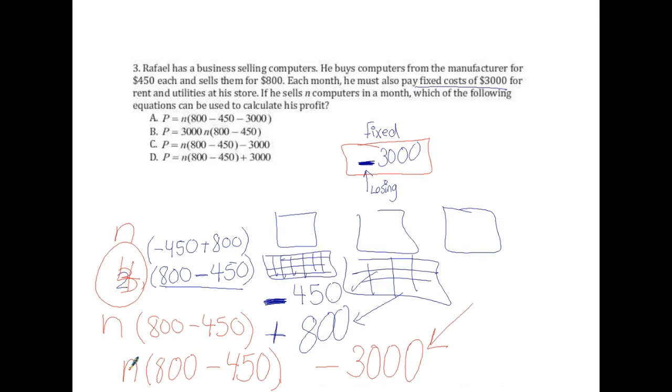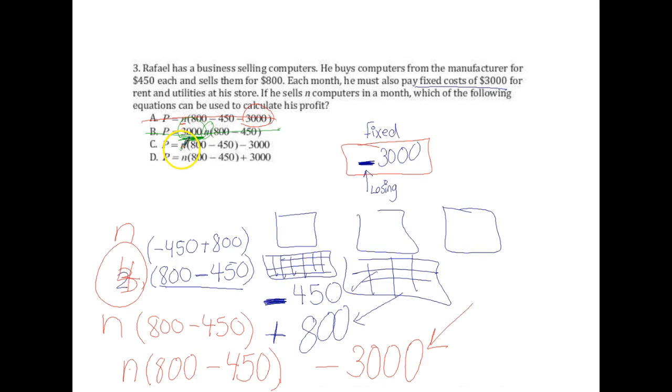So let's go look back at the choices we have. Apparently A is not right because the 3,000 does not depend on n. B is not true because they're multiplying 3,000 by the number of computers, and like we said, it's a fixed number. It does not depend on how many computers he sells.